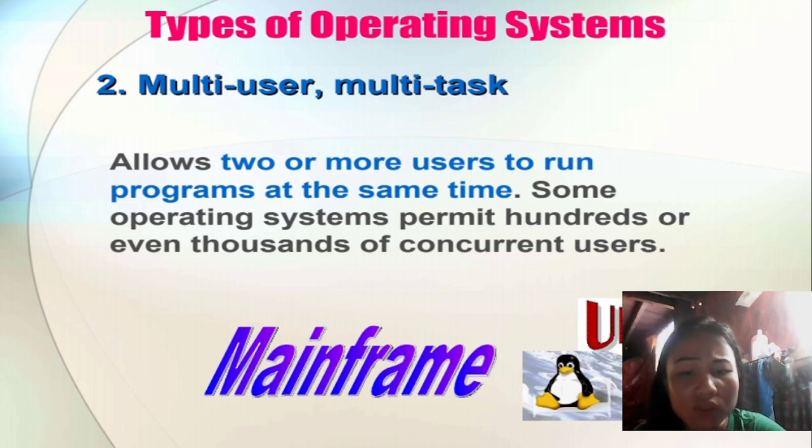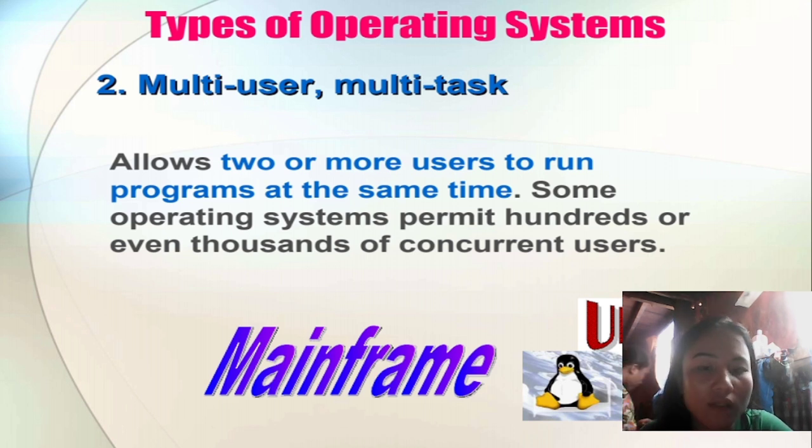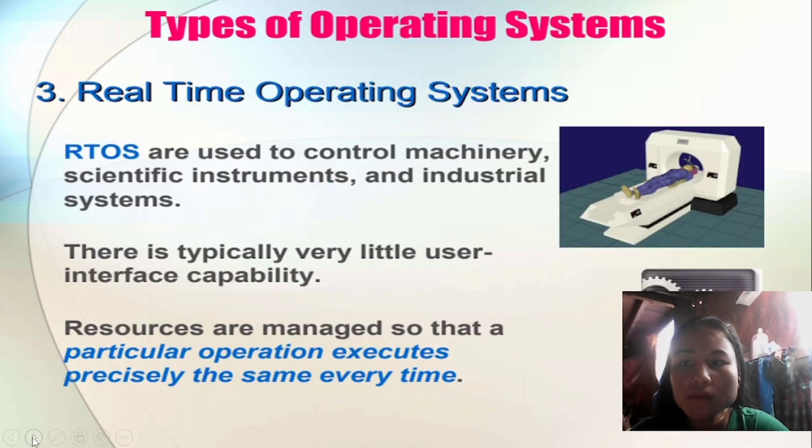The images of mainframe, Unix, and Linux are examples of OSs commonly used in large computer systems that support many users.